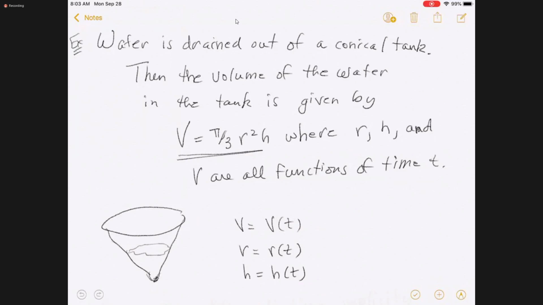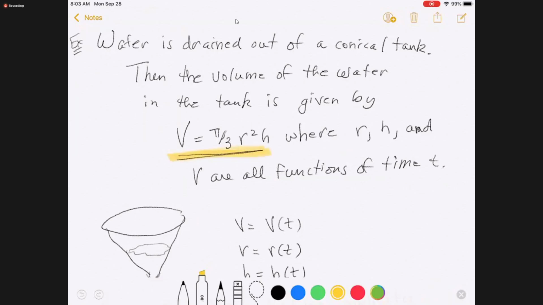So this formula is just the volume of a cone. Given the radius and the height of the cone, the volume is pi over 3 times r squared h. But in this case, we're thinking about not the tank itself, but the water in the tank.